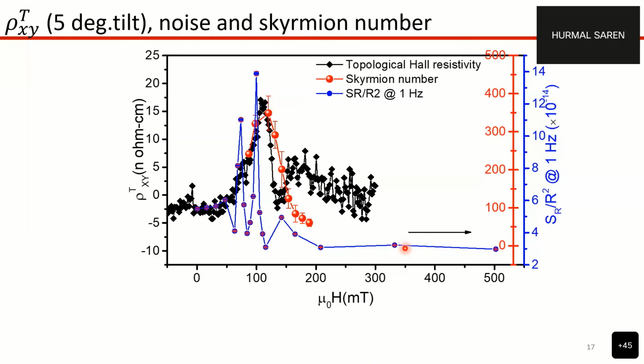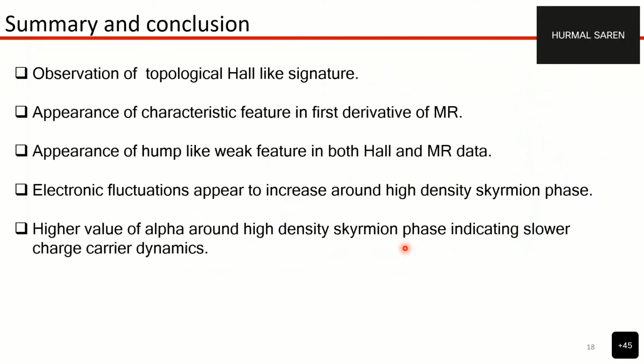So this tells us that the phenomena we are observing in the electronic transport measurement might be correlated to each other. If I summarize, we observed a topological Hall-like signature. This is very strong and robust.